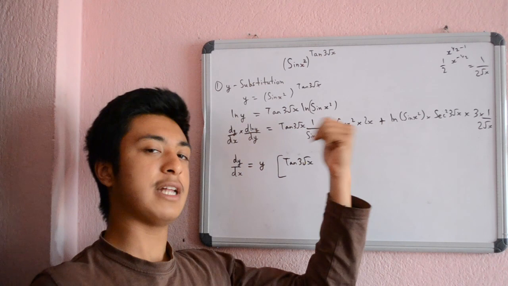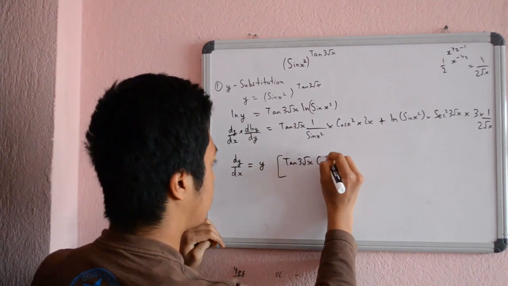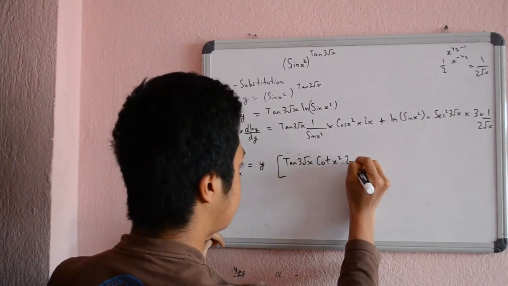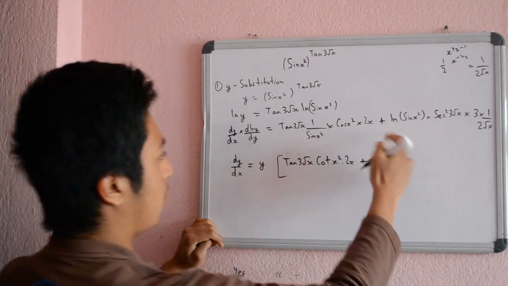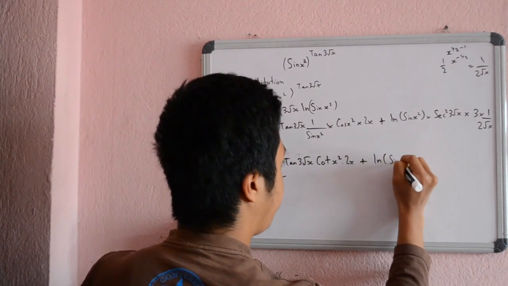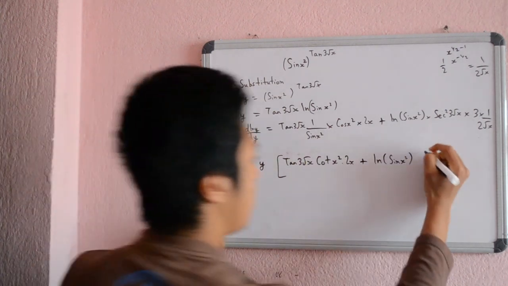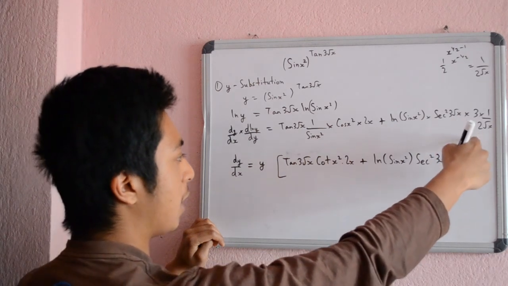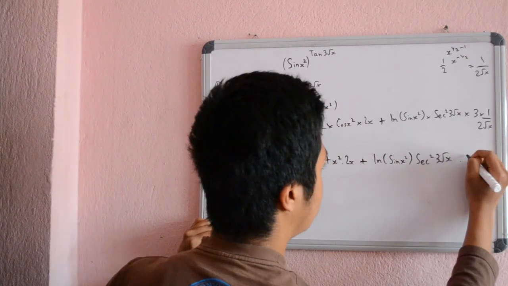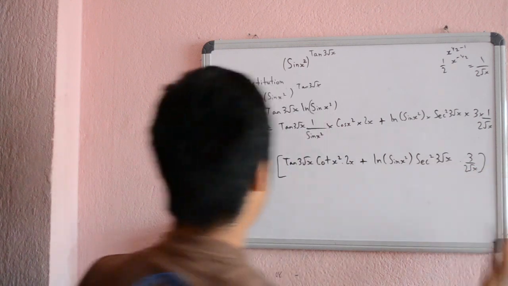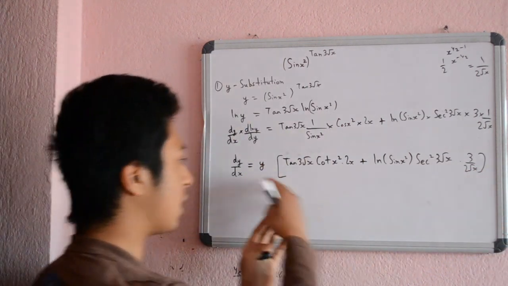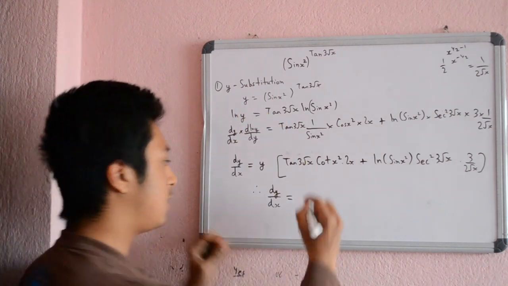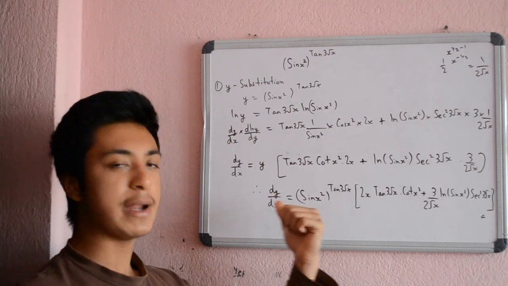This is just cos theta by sin theta, which is cot x square into 2x, like this, plus the log natural of sin x square, 6 square 3 root x into 3 by 2 root x. So, like so. And I'm going to clean this up a bit, make it look nicer. And this y, well, we have to just replace that. There we go. We found our dy by dx.